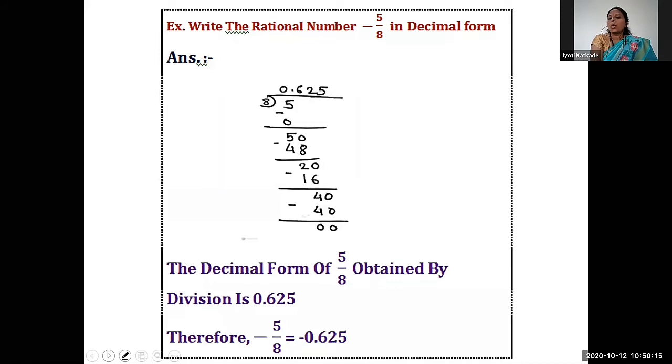Now take a decimal point after 0. Now we get the value 50. Now 8 sixes are 48. When we minus 48 from 50, we get 2. Now there is 20. Why? Because we take the decimal point, and when we first take the decimal point, we can take 0 again and again.